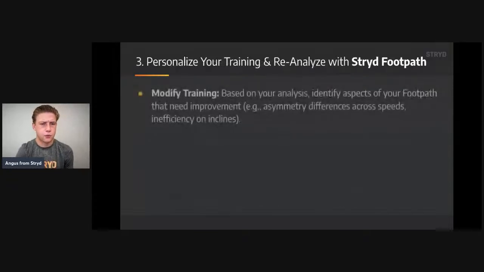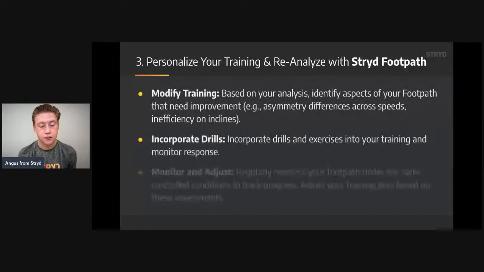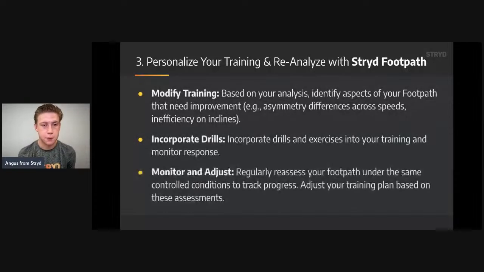And then finally here, once we have observed how our Stryd footpath changes, then we can personalize our training and then go back to step one, do another apples to apples comparison and reanalyze with the Stryd footpath data. So for example, modifying your training. As I talked about in a past webinar, in the 5K and 12K webinar and the half marathon analysis webinar, I've identified that I have difficulty running uphill and maintaining my power and also my speed when running uphill.